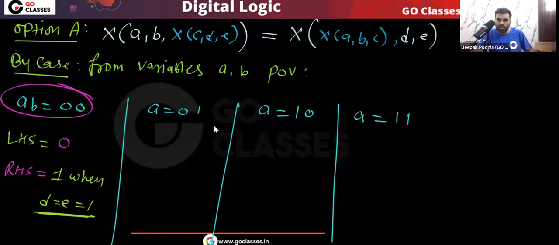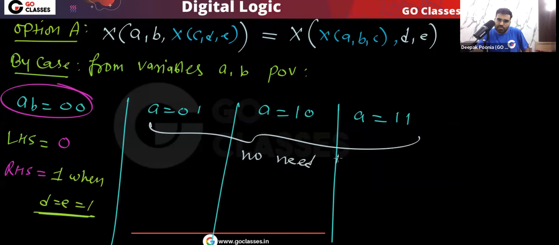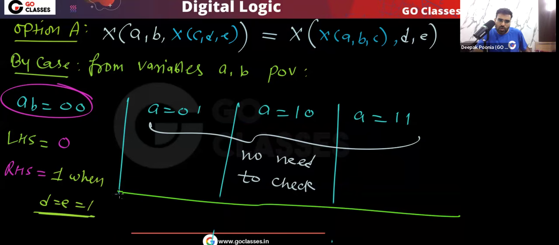Is this clear to everyone? I don't have to check the remaining three cases. There is no need to check, because overall I can say that when A B C D E, with AB equal to 0 0, C can be anything.